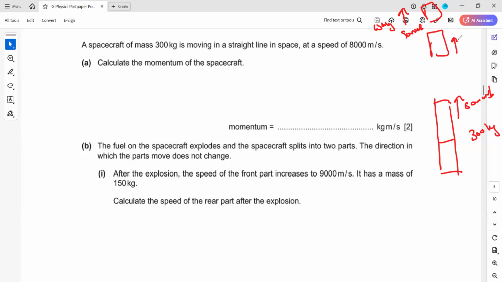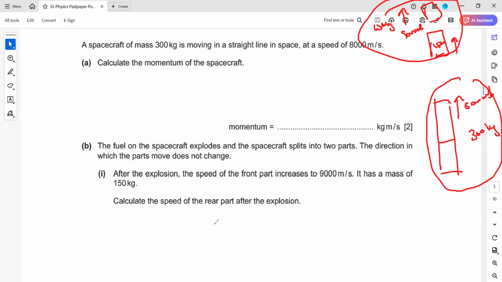We want to find at what speed the rear part will move. Whenever an explosion happens, the total momentum before should be equal to the total momentum after. Before, the mass was 300 and the speed was 8,000. After, the mass of the front part is 150 moving at 9,000, plus the mass of the rear part, also 150, moving at a speed v.